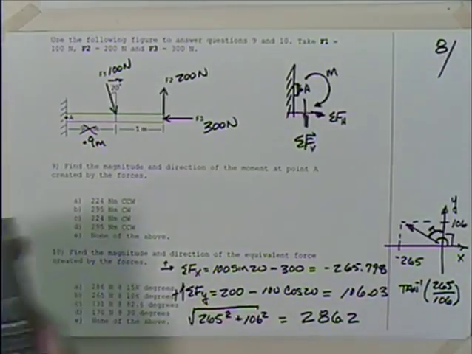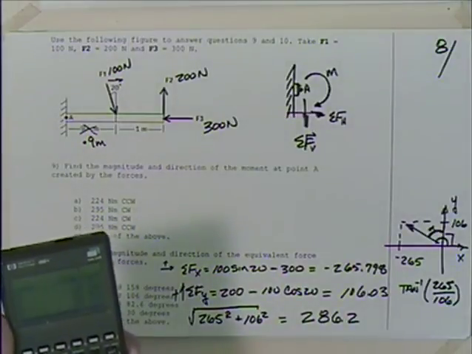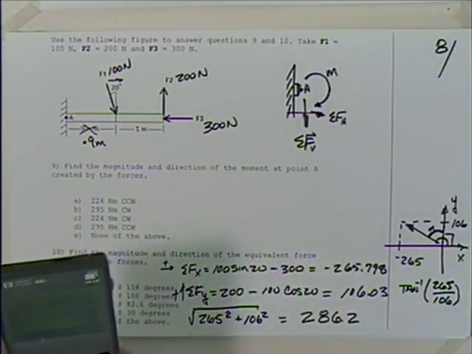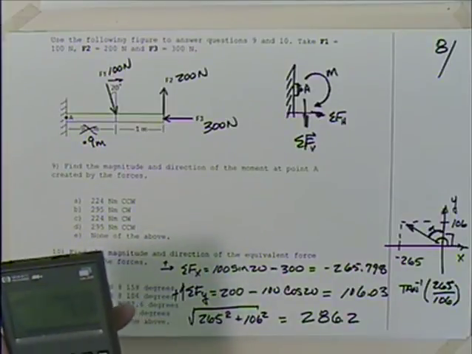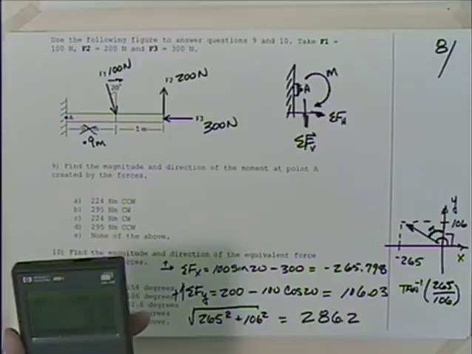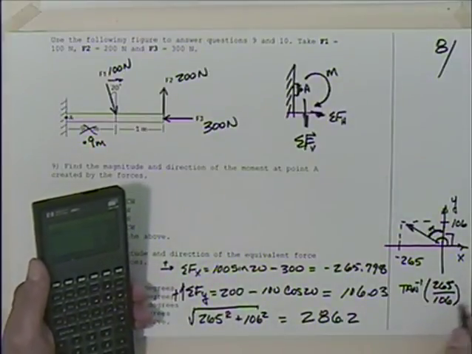Double check that. So that's 68.1. When I add 90 to that, I get 158.